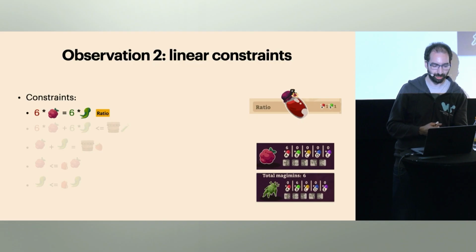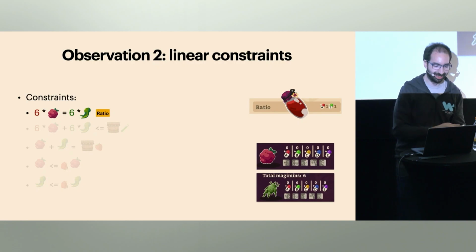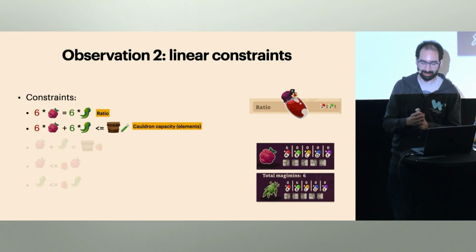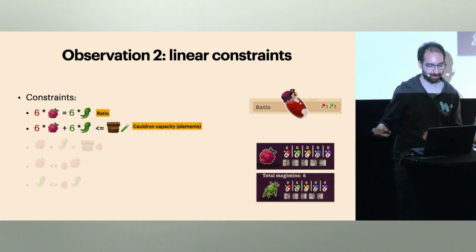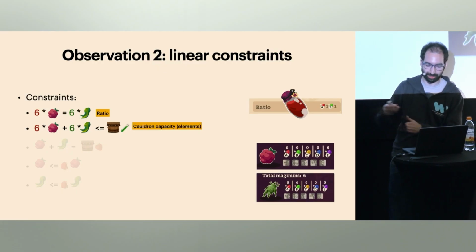So the ratio is that 6 Fayberries should equal 6 green thingies. And then you have to respect the cauldron's maximum capacity in elements. So 6 times the elements is inferior to something.